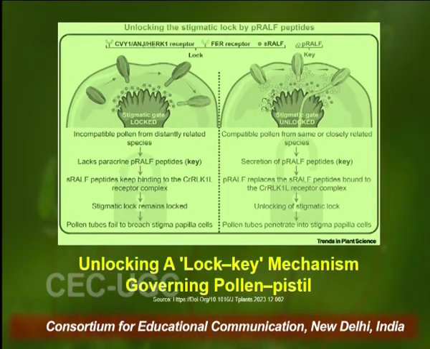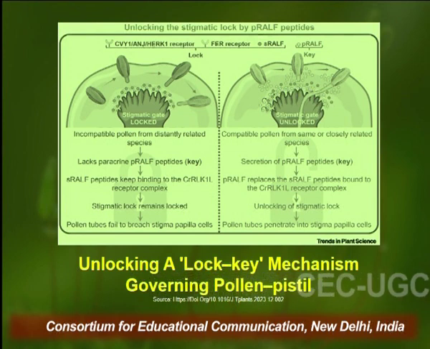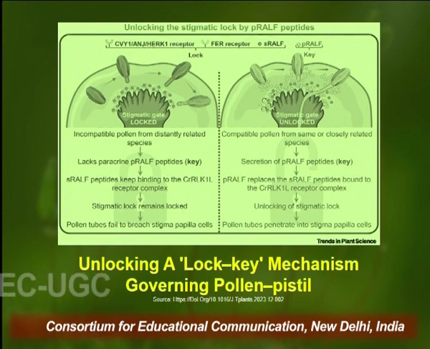Now, this is one diagram which shows that the pollen which are conspecific are able to open the locks of the pistil because they are able to secrete certain peptides which bind with the components present on the stigma, and then those locked doors are opened and the pollen are able to germinate, whereas in the second one you see that they are not able to germinate.